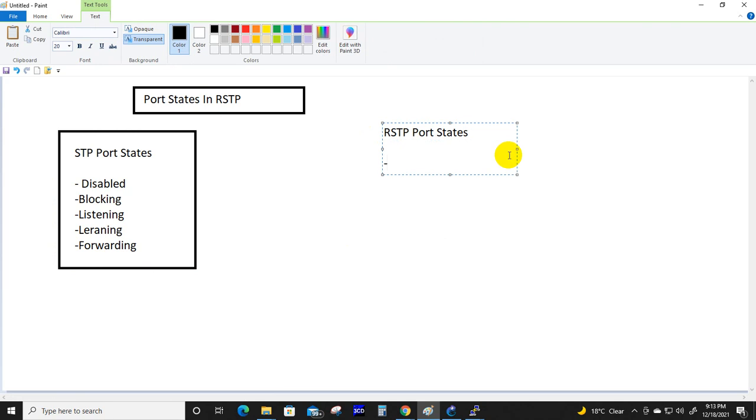But in RSTP we have discarding, learning, and forwarding.